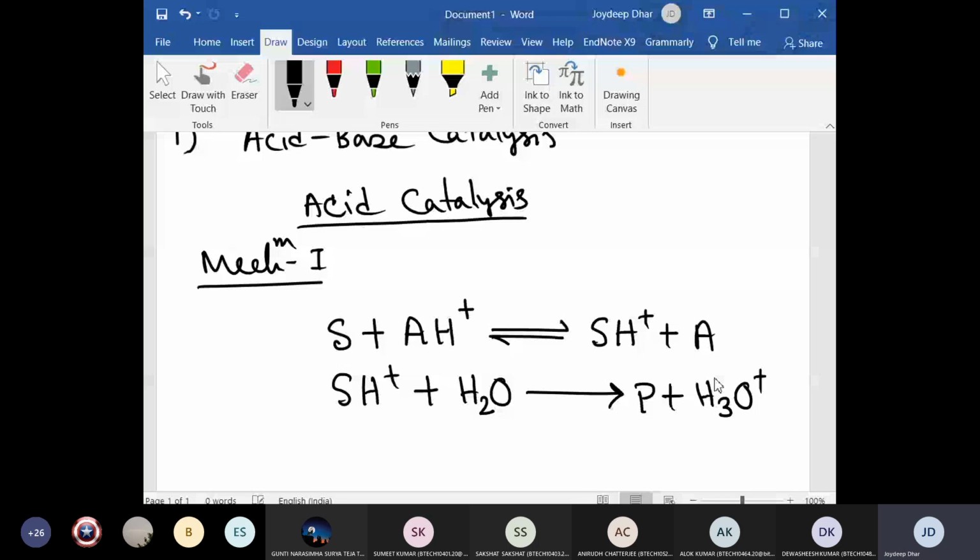So this is a mechanism where an acid is required. That acid can be general or specific, which I can show you later. The first step is reversible, so you have K1 as the forward rate constant and K minus 1 as the backward, and in the second step it is K2.